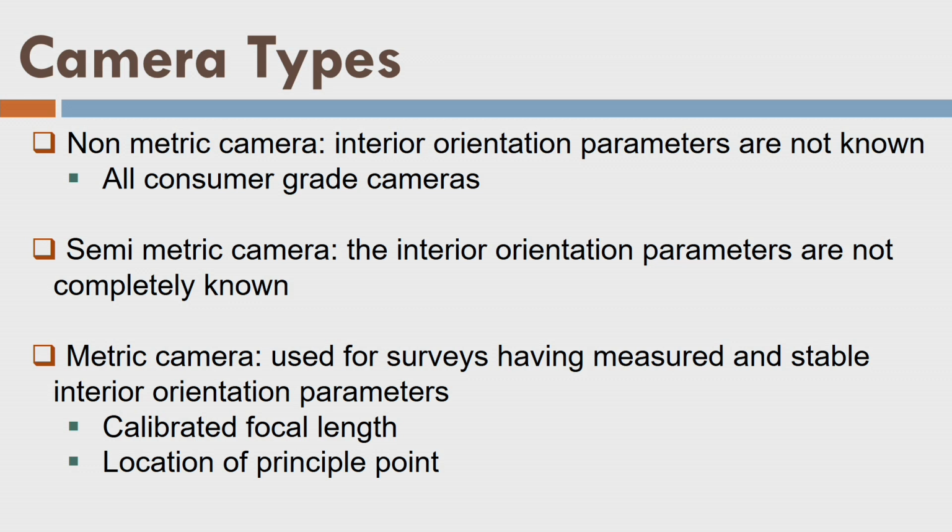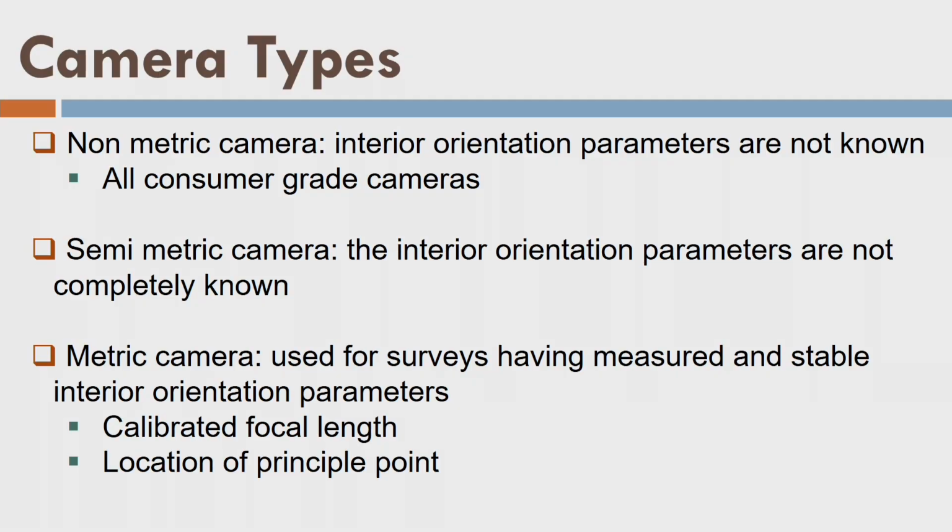I am telling you one thing, that focal length itself is an interior parameter of a camera. We will look into what the interior orientation parameters of a camera are. There are three interior orientation parameters, and focal length is one of them. So, if focal length is not known, or the 3 interior parameters are not known, then it is called non-metric camera from the photogrammetry perspective.